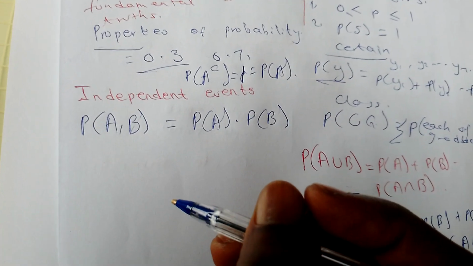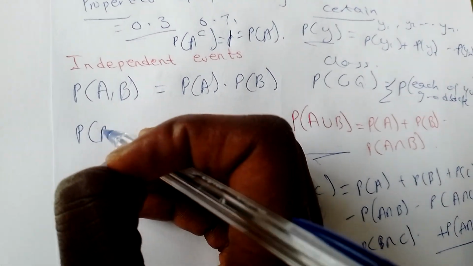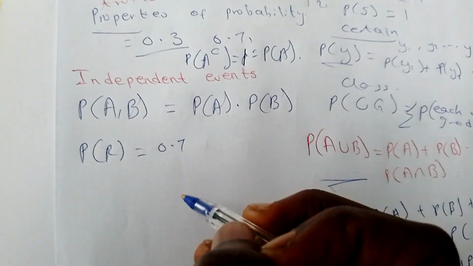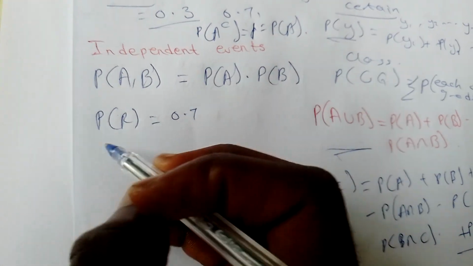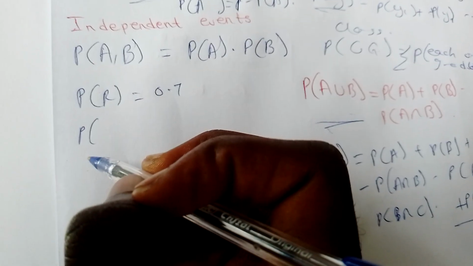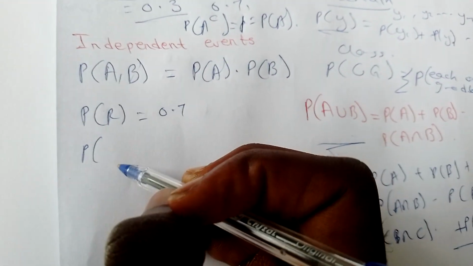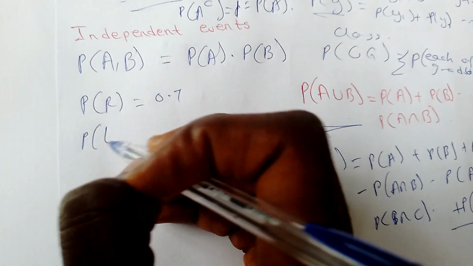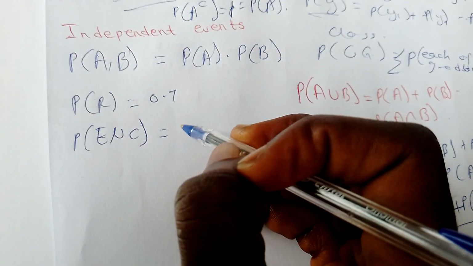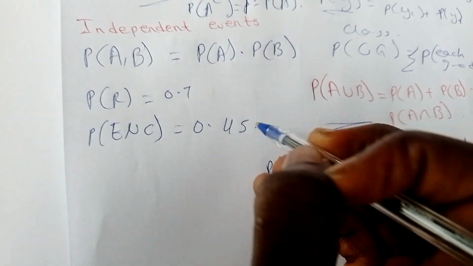For instance, the probability that it will rain today, let's say it will rain today, equals 0.7, because it's been raining a lot nowadays. And then the probability that maybe Elon Musk could buy a new company, let's say Elon Musk buys a new company, is 0.45, right?